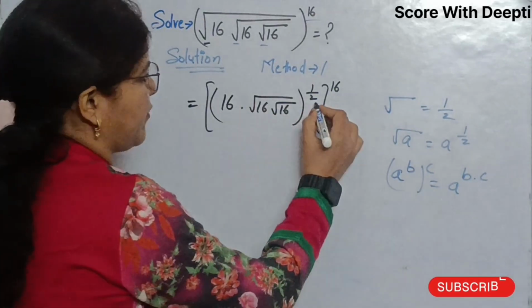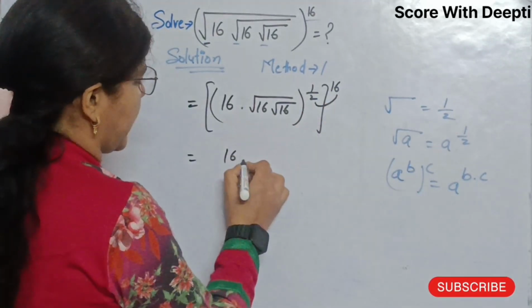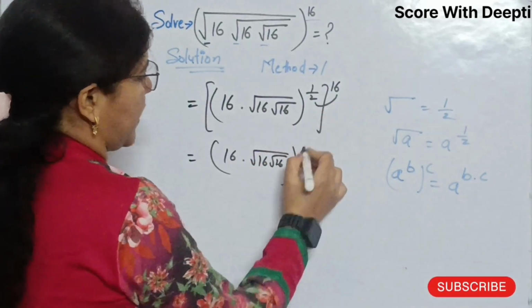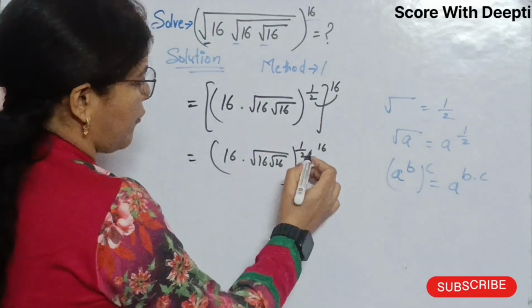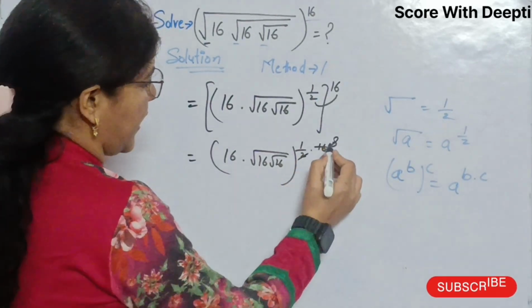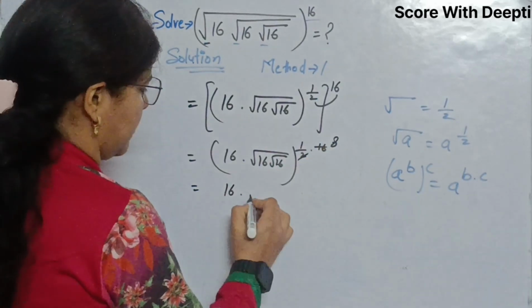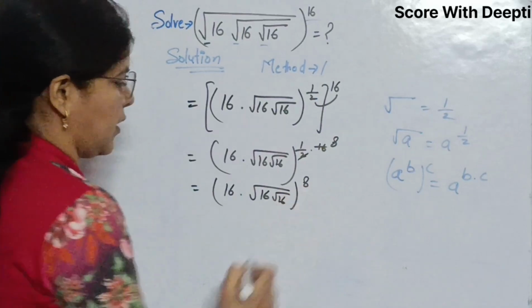That means we multiply 1 by 2 with 16 and get 8. Now we will write 8 as the exponent of this term.